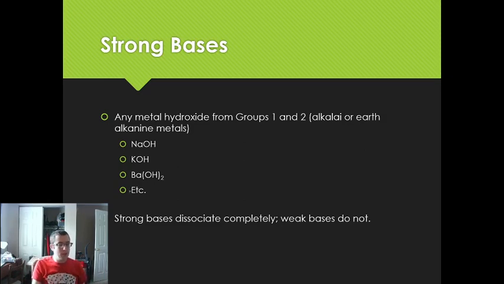Same thing with KOH, Ba(OH)2, and all of those other metals from groups 1 and 2, the alkali and alkaline earth metals. They're all going to be completely dissociated if they're with a hydroxide. Literally every other base is going to be considered weak. So if we look under a microscope, we're going to see both the OH minus and whatever the other part was, and that whole base together.